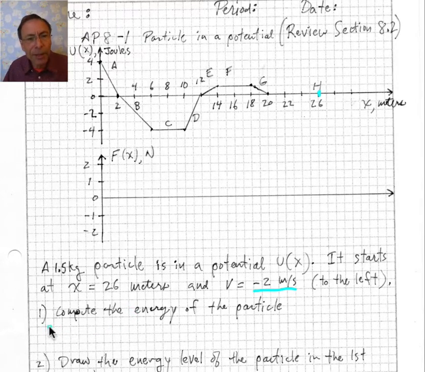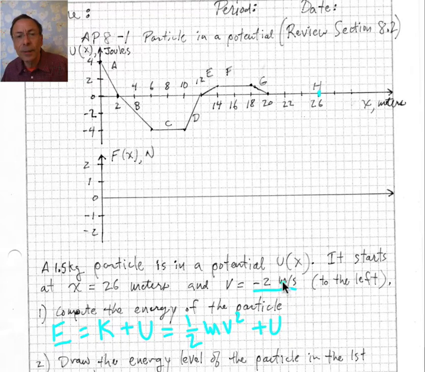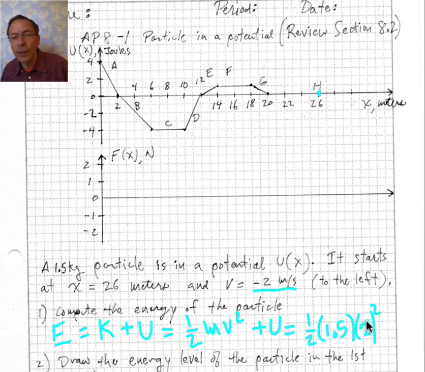So the mechanical energy, E, is equal to the kinetic energy plus the potential energy, which is going to be 1/2 mv squared plus whatever U is, U at 26 meters, which is going to be 1/2 times 1.5 kilograms times the velocity, which is negative 2, but that doesn't matter, it's squared.